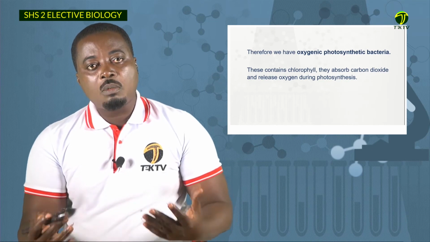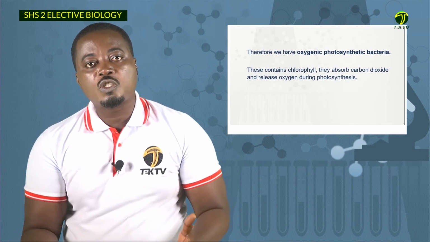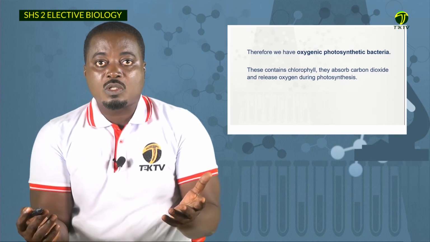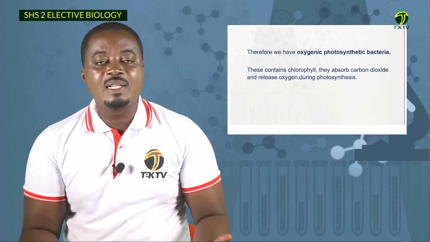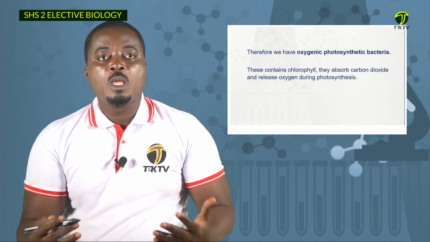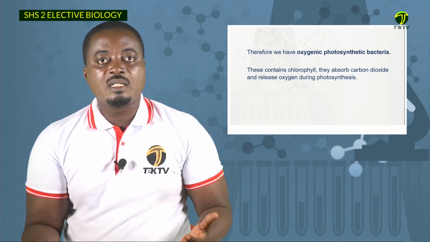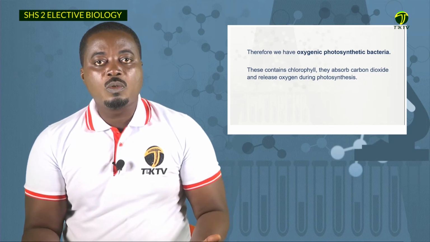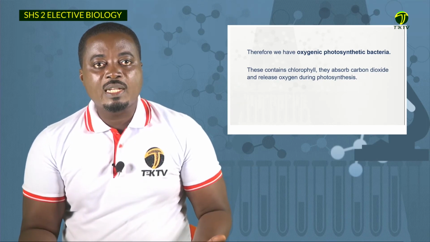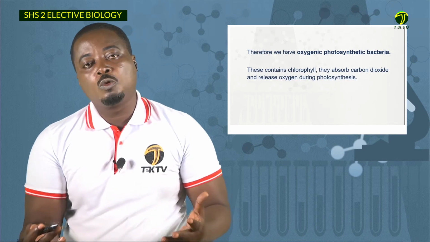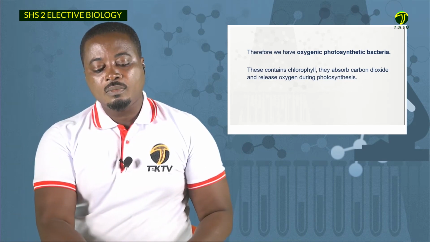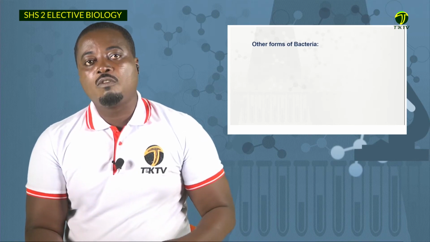They absorb carbon dioxide and release oxygen during photosynthesis. So if you are asked, what are oxygenic photosynthetic bacteria? You must say that these are bacteria that contain chlorophyll, and they absorb carbon dioxide and release oxygen during photosynthesis.